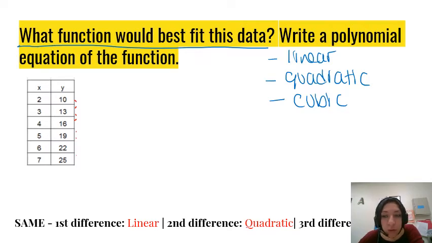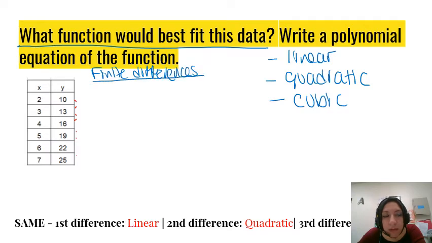But what if you don't have it set up in a scatter plot? What if you just have the data points? So what you're going to do is something called the finite differences. We're doing finite differences.